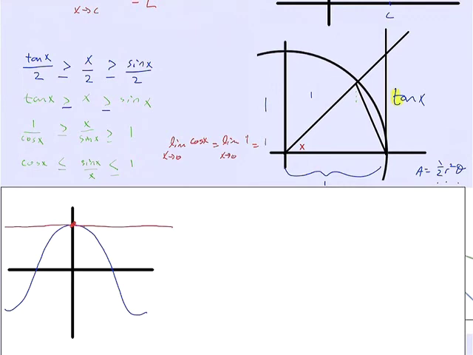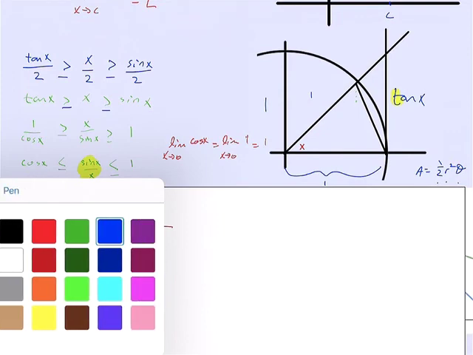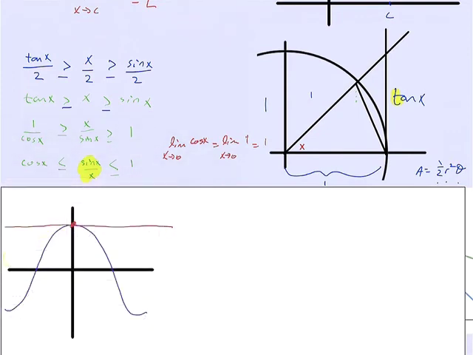Well, since the sine of x over x is in between the cosine of x and 1, somewhere in here, because of the squeeze theorem, it is literally squeezed into this spot right here. That means that the limit of sine of x over x as x approaches 0 is also equal to 1 because of the squeeze theorem.